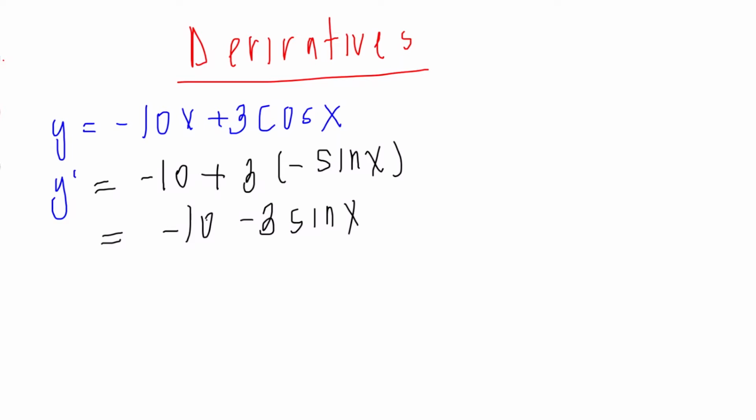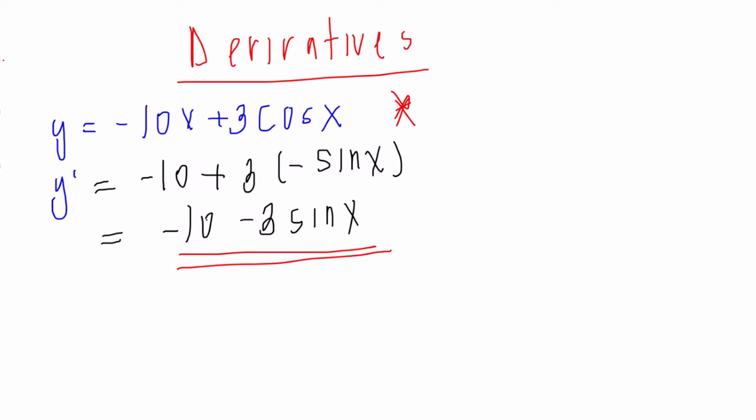So the derivative of this function here is going to be this. Of course, that's the first derivative. You could as well continue to find the second derivative, the third derivative as well.